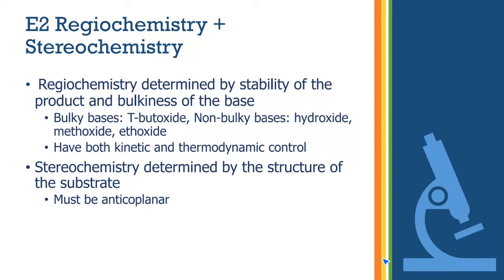Your non-bulky bases, so your small ones, are hydroxide, methoxide, and ethoxide. Regiochemistry has both kinetic and thermodynamic control. Depending on the type of base you use, your major product would either be determined by how stable your product is or how fast it's formed.